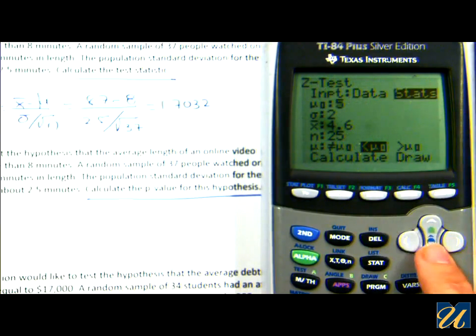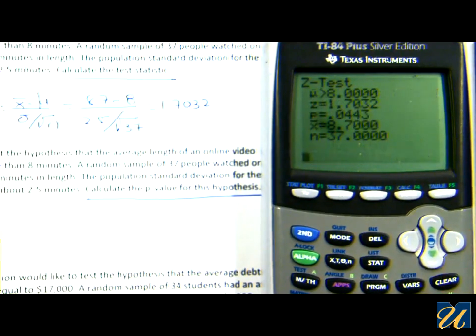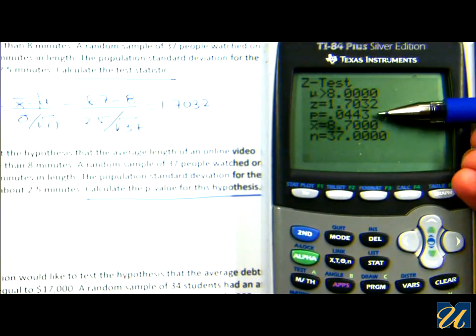Under stats, you will have mu 8, sigma 2.5, x bar 8.7, and n 37. In this case, we want to see if it's more than mu, and calculate. So the p-value will be 0.0443.